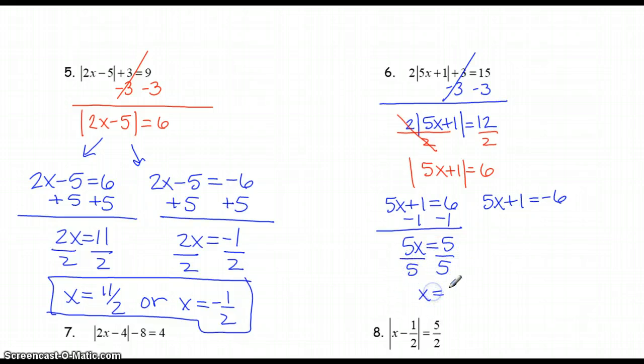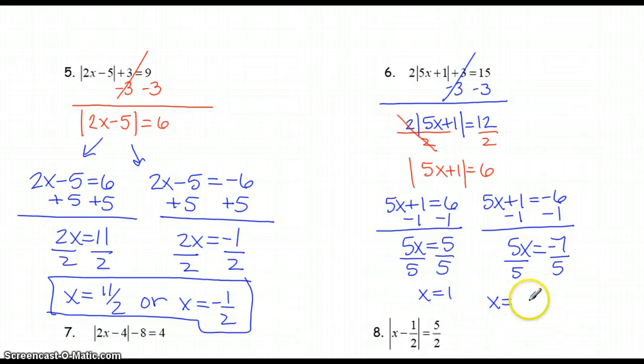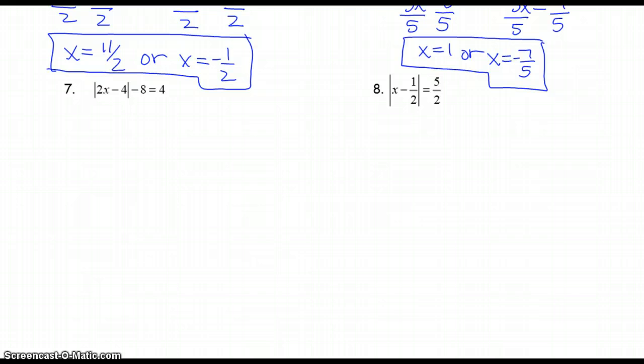X equals 1. Now let's do the other problem. Subtract 1 from both sides. 5x equals negative 7. Divide both sides by 5. So x can equal 1 or it can equal negative 7 over 5. So here are our 2 answers.